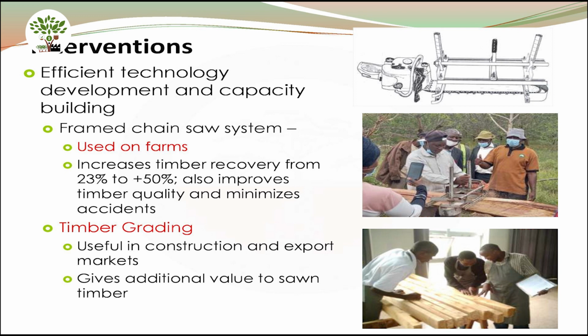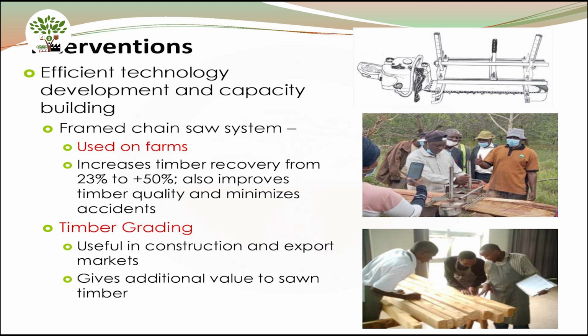The surface would be either very rough, and also you'll have lost quite a bit into sawdust. So with a frame chainsaw, this increases timber recovery from 23% using freehand to 56%. And also the quality of the timber is enhanced, and also this minimizes accidents.